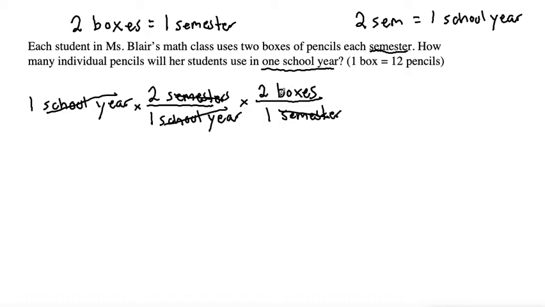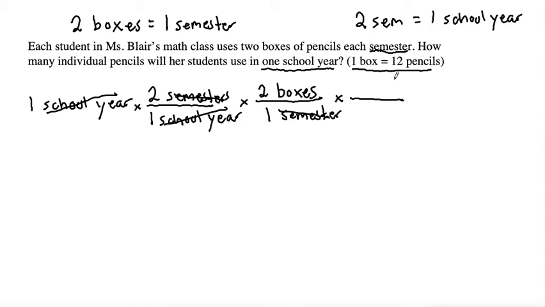So if we multiply by all the numbers on the top and divide by all the numbers on the bottom, this will tell us how many boxes of pencils are used by each student. But the question is asking how many individual pencils, so we need to take one more step. They told us at the end that 1 box is equal to 12 pencils, which tells us how many pencils are in each box.